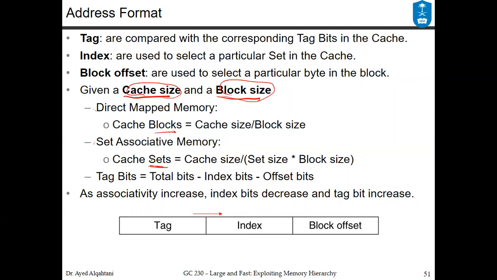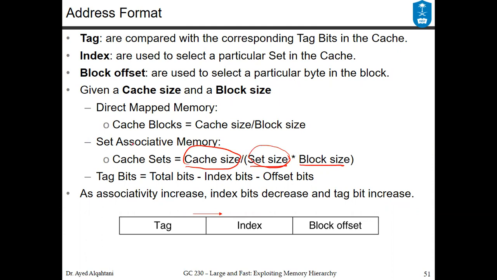So we have cache sets equal to the cache size divided by the set size times the block size. Now, the set size is actually given by how many ways you want the cache to be. Is it two-way set associative or four-way set associative, and so on?